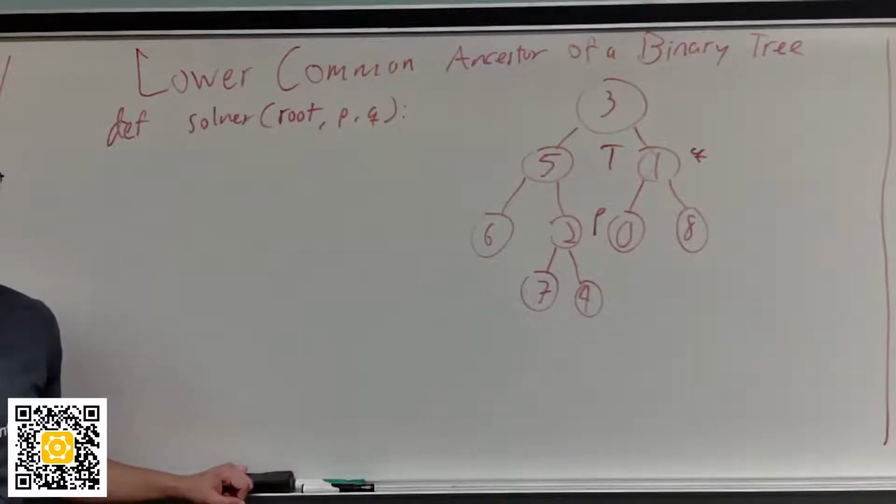Do you think P is going to be on the left or the right? The left. It could be on any side. Yeah, it doesn't matter. So root has to be either P or Q, right? So we have to check for that.